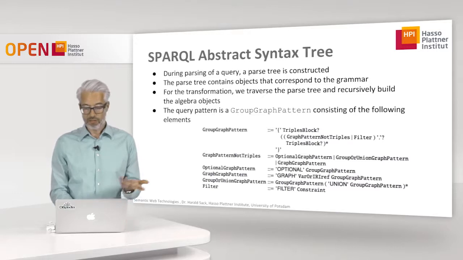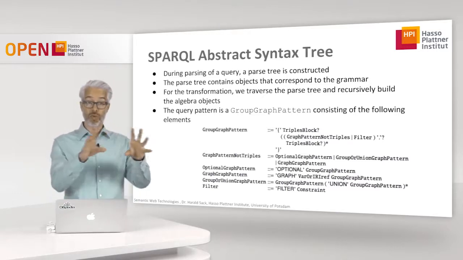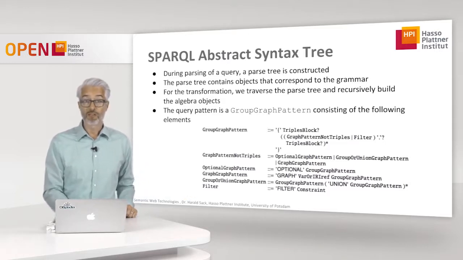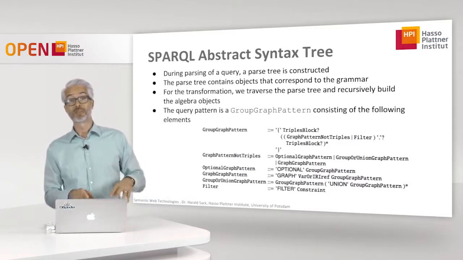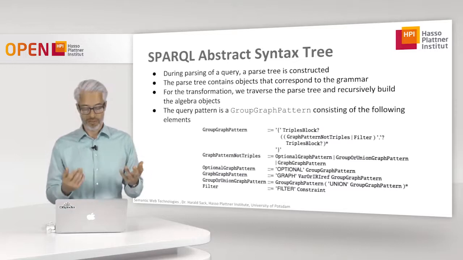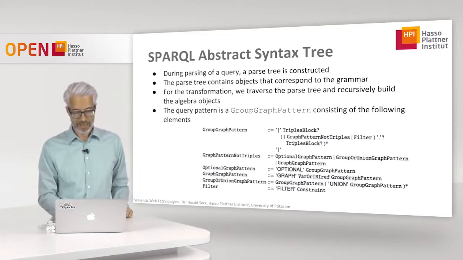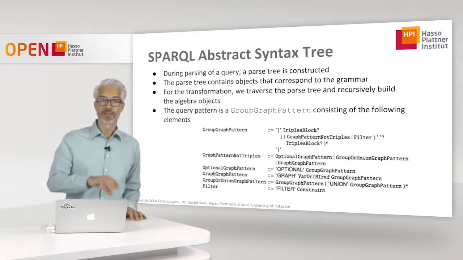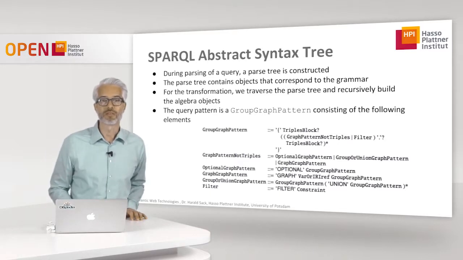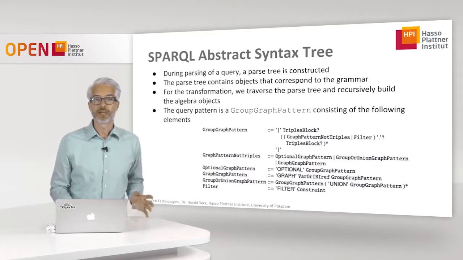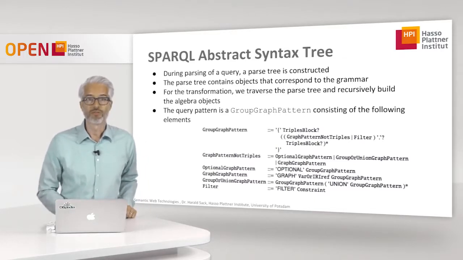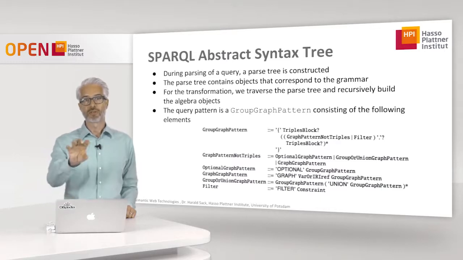An optional graph pattern, sure, we know that it's a graph pattern which is introduced by the OPTIONAL keyword, and a graph graph pattern is a pattern which specifies a specific graph, the named graph in that sense. And a group or union pattern is usually started with a union, you see here. And in the end, of course, you can also perform so-called filter operations, and therefore you look at the filter constraints.